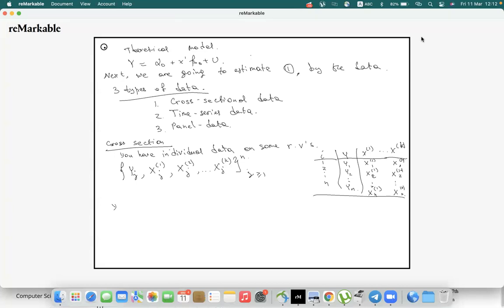In the time series, you have one individual data on some random variables across time.